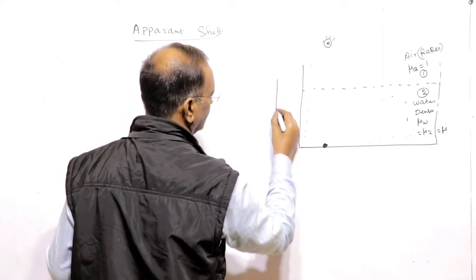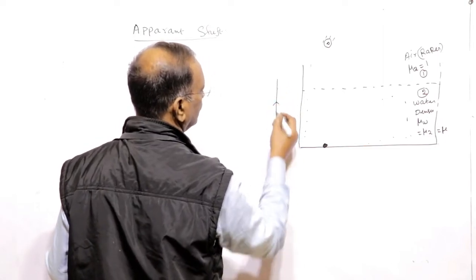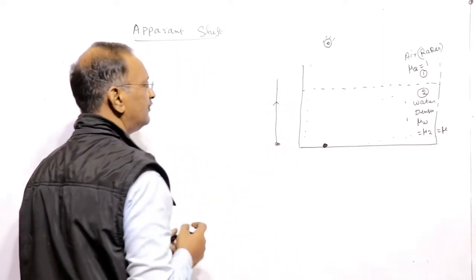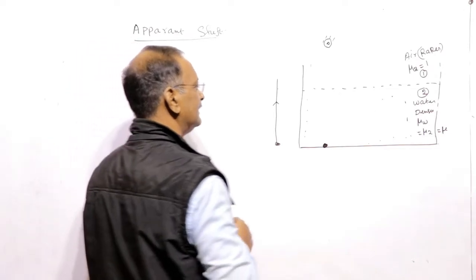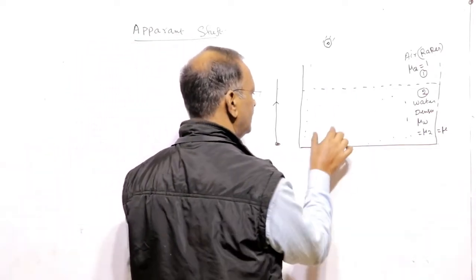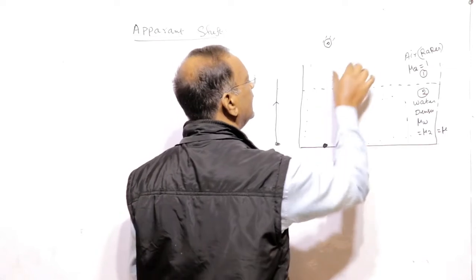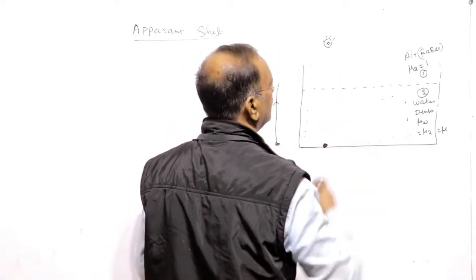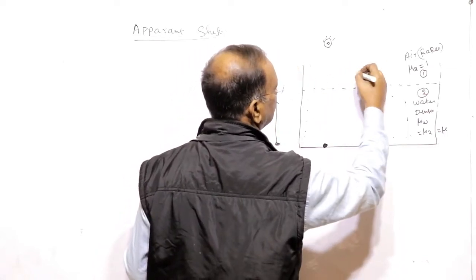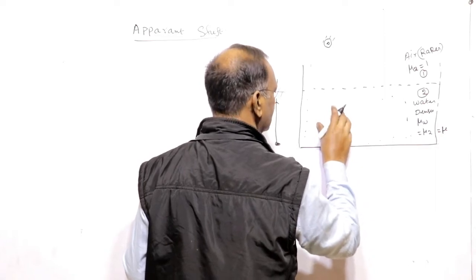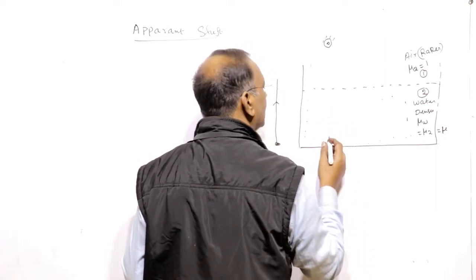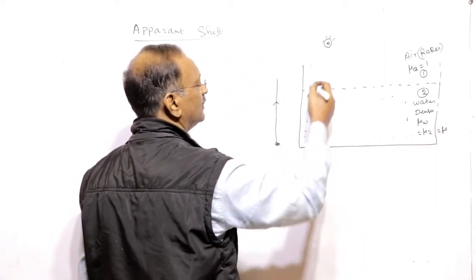The rays are coming from the coin, and they enter this medium. It means where the ray seems to emerge out.